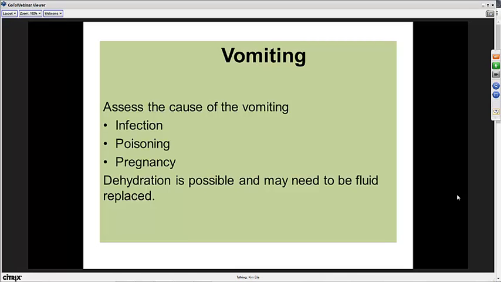Do you have any quick hints as to how we're going to assess the cause of the vomiting? Well, probably questioning the person is the biggie. Has anybody else in the family had any vomiting? Has there been an infection around? We already talked about there being no such thing as stomach flu, but there are virus and other pathogen causes for vomiting.